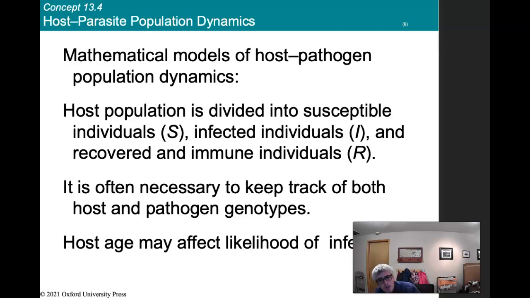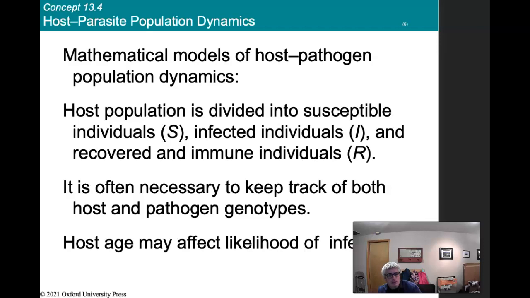Susceptible individuals means every individual in the population who does not have a defense against that parasite. It's typically all of them, depending on the parasite, but this is all of the individuals that could be a host for this given parasite. Infected individuals are individuals that are hosts, individuals that are carrying that parasite.